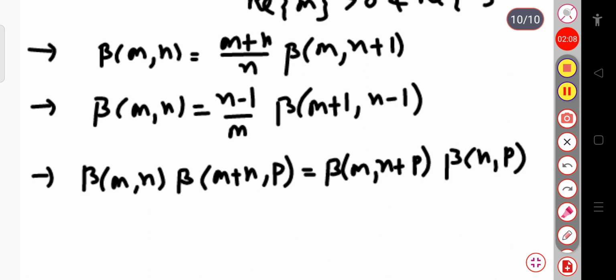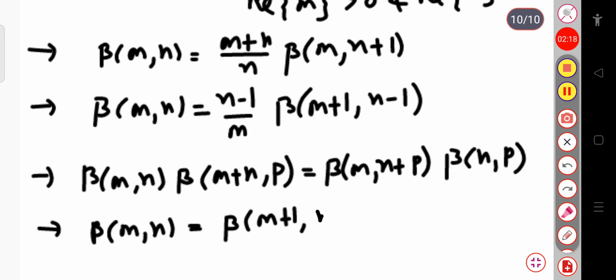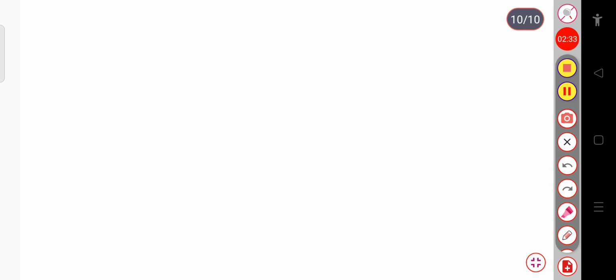And also the property like beta of m, n is equal to beta of m plus 1 comma n plus beta of m comma n plus 1. Okay, so these are some important formulas related to the beta function. Now also you should remember that the beta function is symmetric with respect to m and n, that is beta of m, n is equal to beta of n, m.